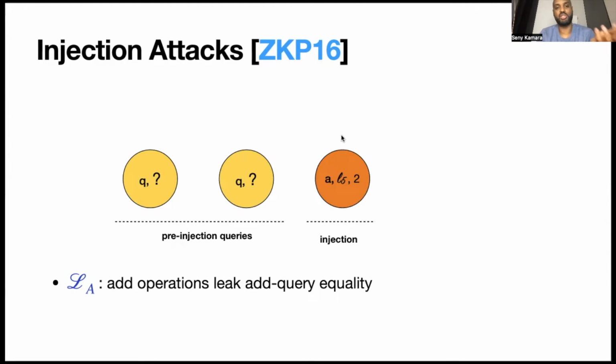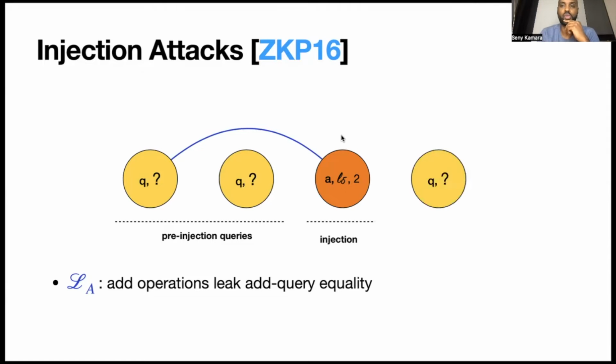Now, because this leakage profile reveals correlations between adds and queries, when the injection happens, the server will know that its add, for which it knows the label, is correlated with the first query. Because it knows that this add was for L5, then thanks to this edge, it knows that the first query was also for L5. So now it knows what label the first query was for.